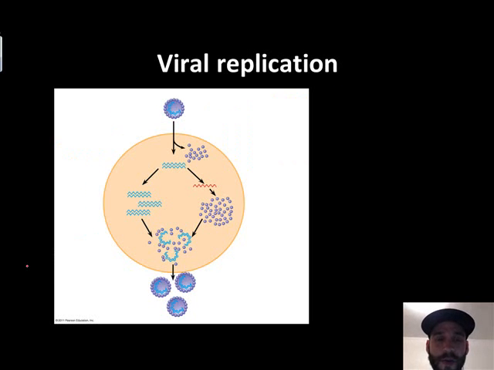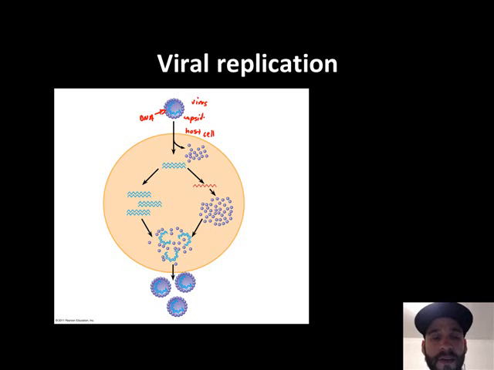So how do viruses reproduce? That's really the question that we want to ask ourselves now. As you can see here, we have the virus, and here's that capsid, which is the protein coat surrounding the genetic information, and let's say in this case it's a DNA-based virus, and it's going to enter the host cell.